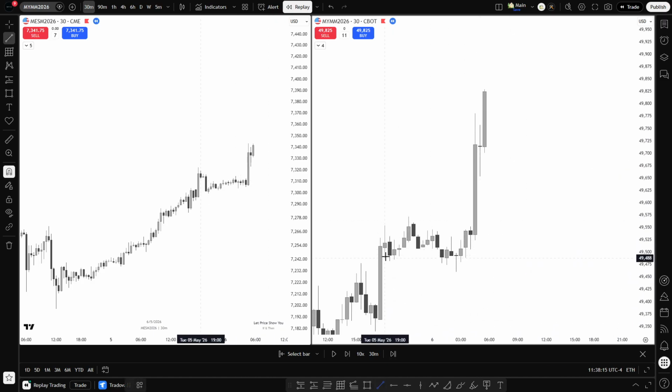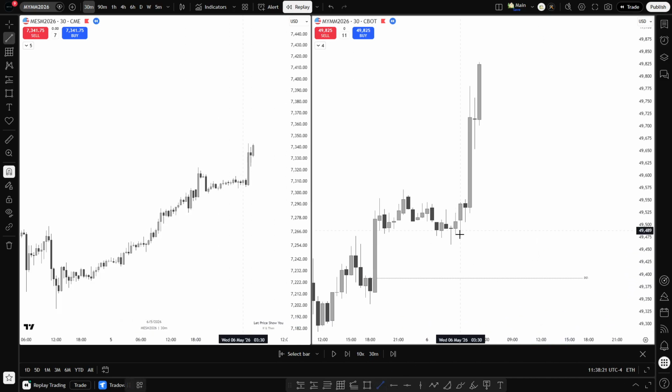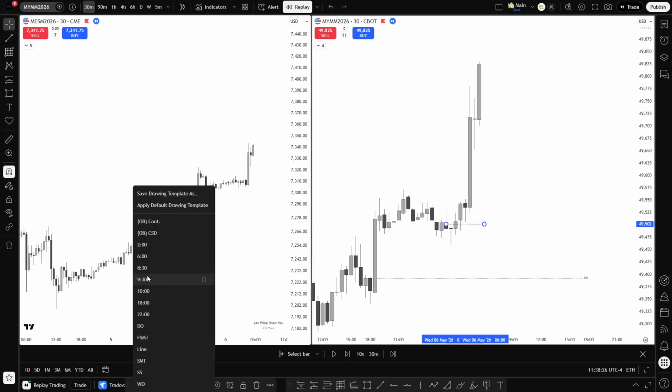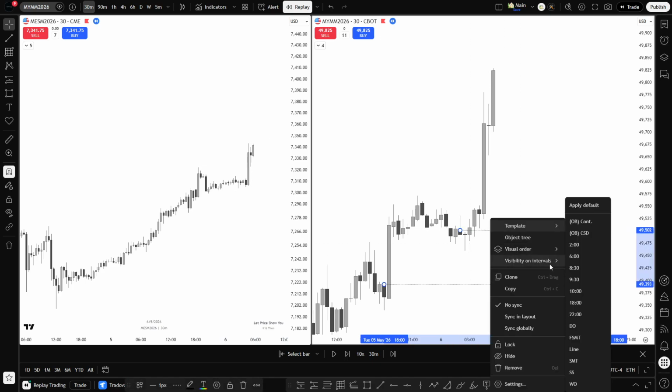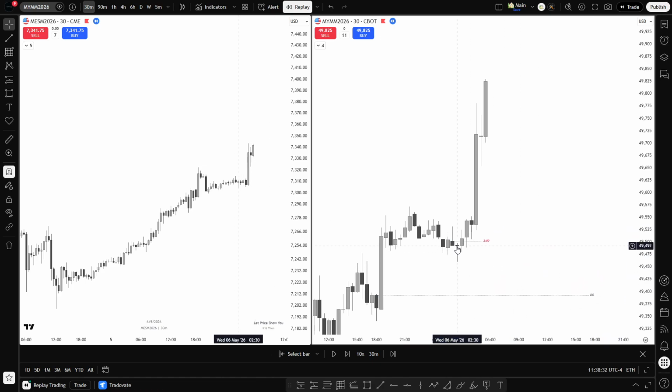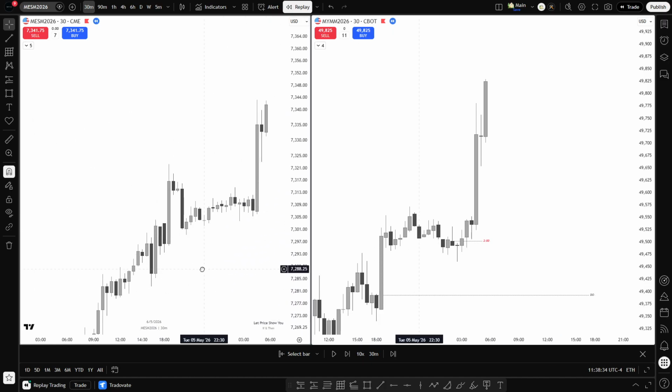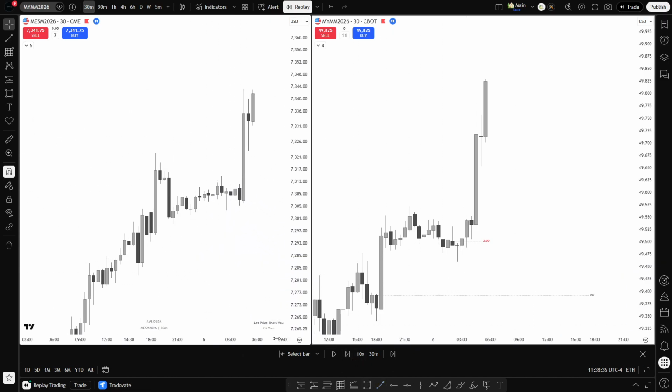Let me do this. 2 AM opened up right here. And actually I think the 1 hour was cleaner. I mean, we did create this, right? We traded lower, do this.